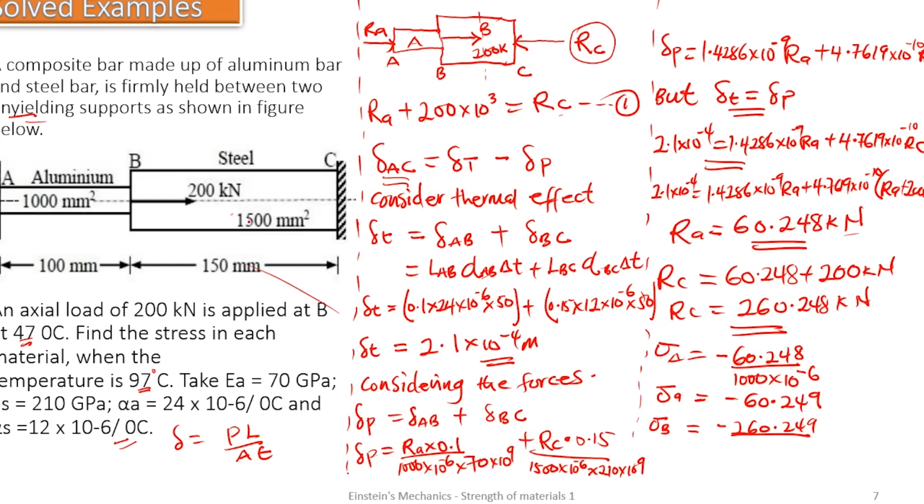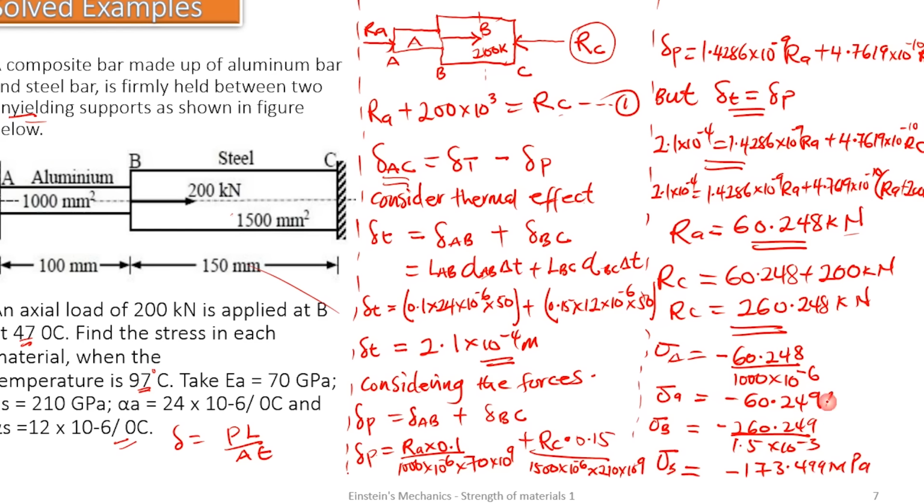The area is 1,500 millimeters square, so in meters that would be 1.5 times 10 raised to the power -3. You should know how to convert from millimeter to meter. For that one, you can play with that. So later, I'm going to get my stress in B to be negative 173.499 megapascal.